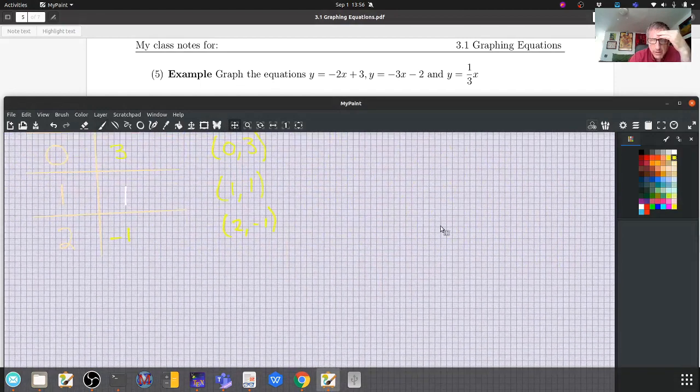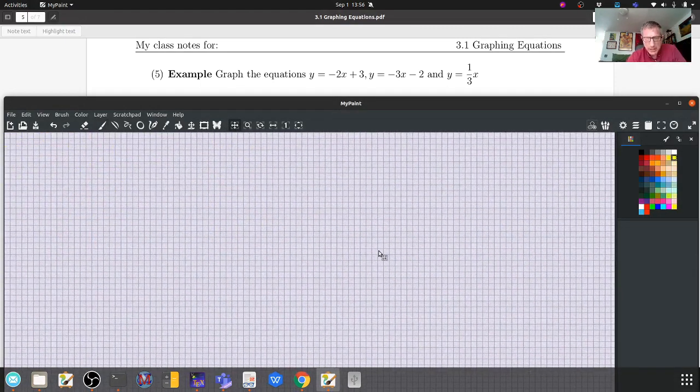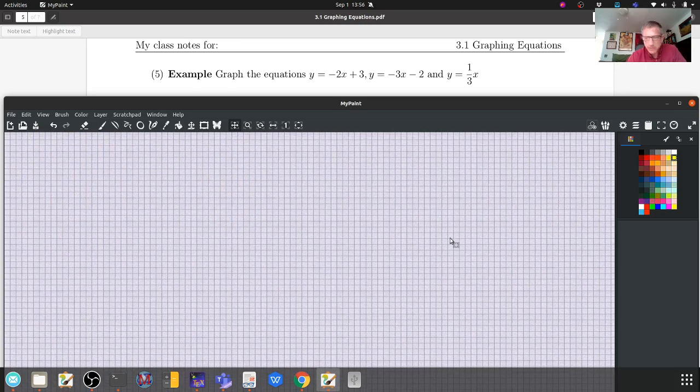Now, this is your own graph paper, and you basically say, okay, I've got to draw a Cartesian plane. I'm going to draw it right here.